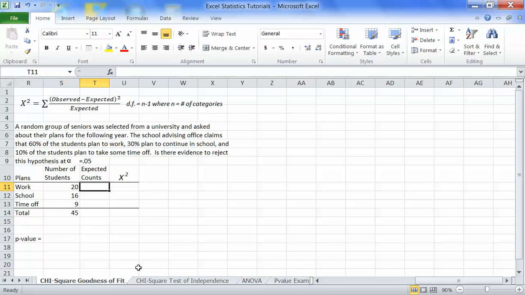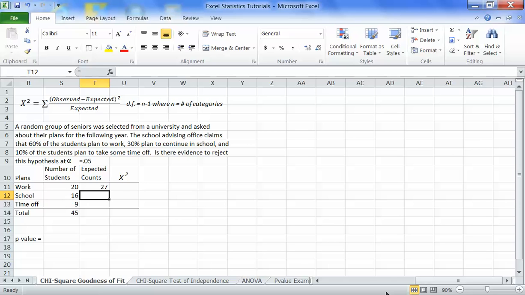So if I surveyed 45 people and 60% of them plan to work, then I would expect that 0.6 times, using the asterisk for times, 45 would be the expected number of students that would say that they will work upon graduation.